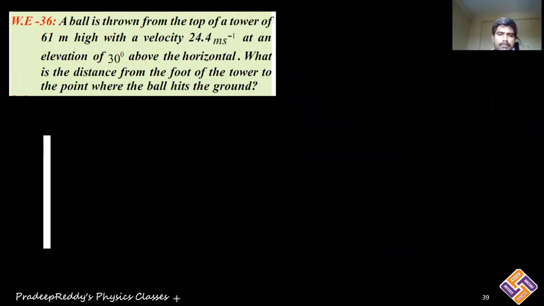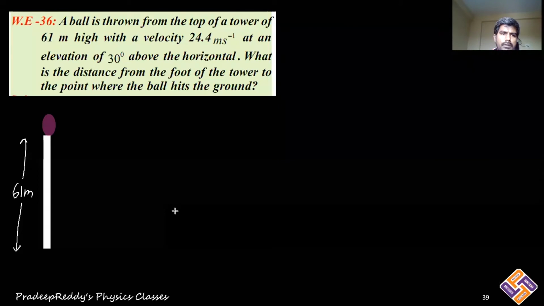We have a tower and this tower height is 61 meter given in the problem, and you have a projectile which is projected with some velocity, and that is in which direction?